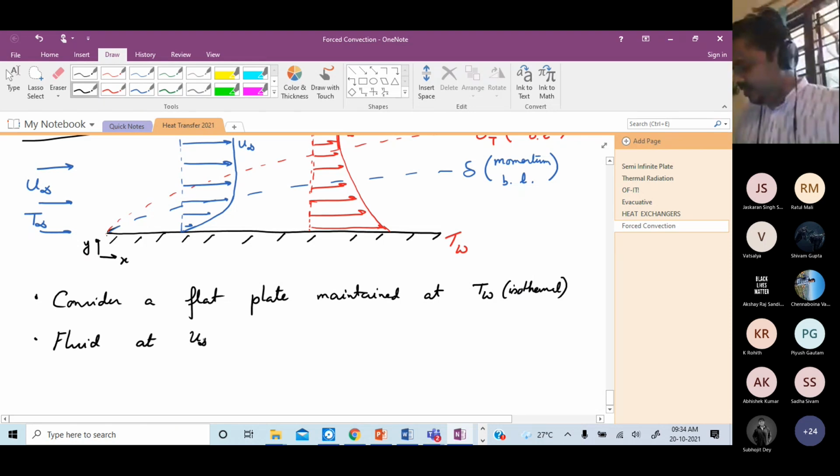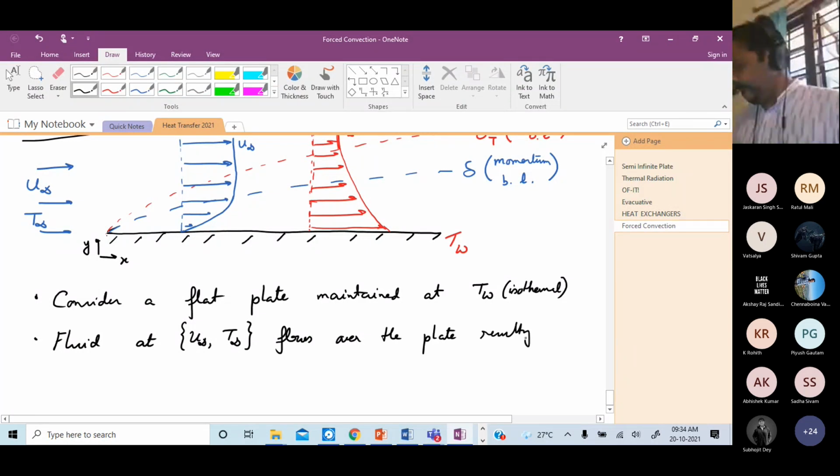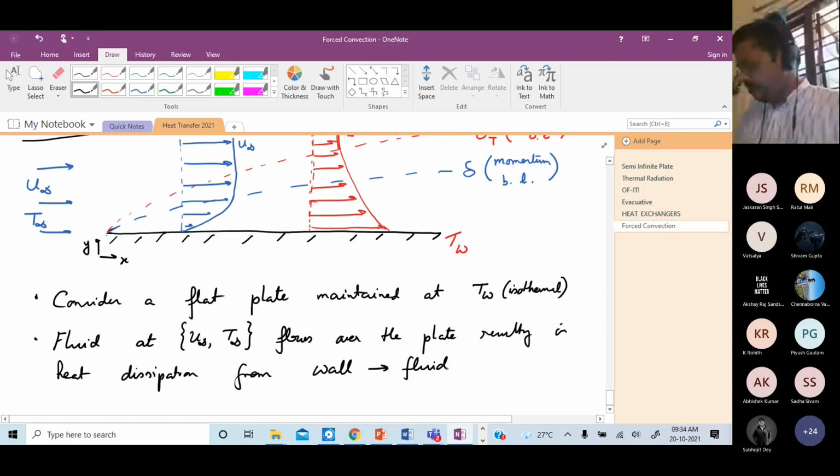The fluid at U infinity and T infinity flows over the plate, resulting in heat dissipation from wall to fluid, because TW is greater than T infinity.